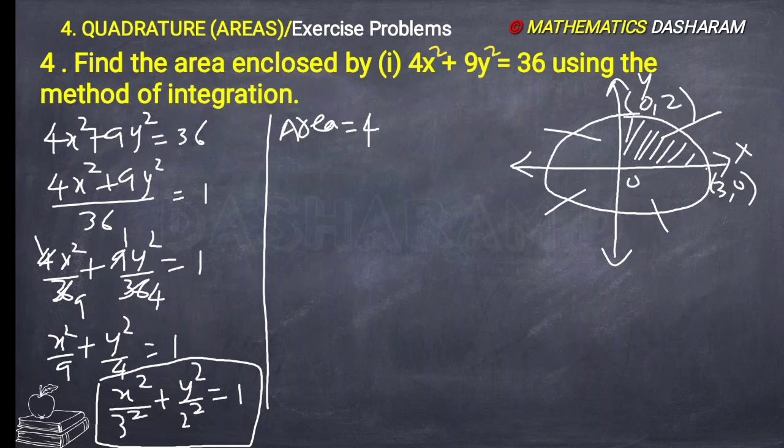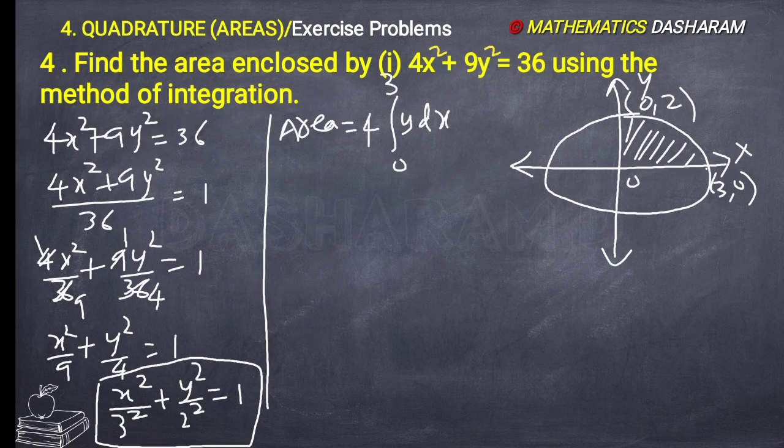So 4 into 1 area will be equal to the total area of the ellipse. So for the integration, the limits are, see, this area is bounded from 0 to 3. So that is why the limits are 0 to 3, y dx.